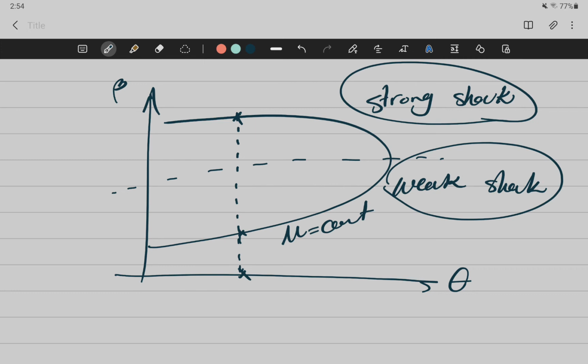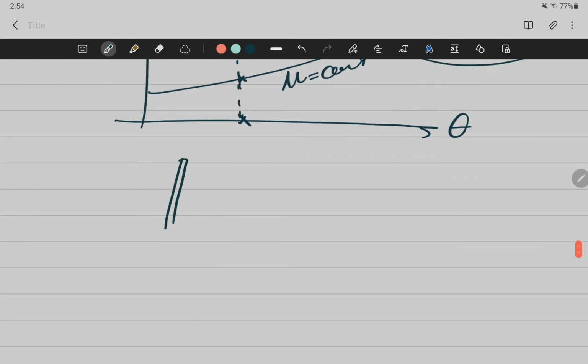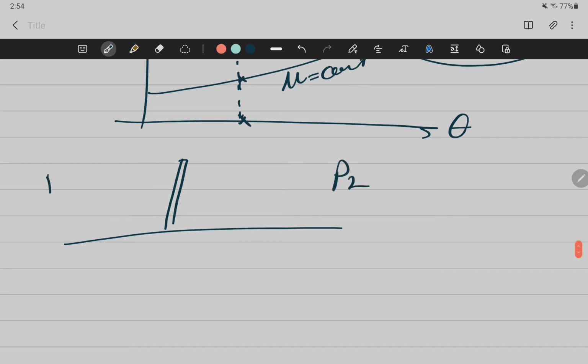But why, or what is the situation, or how can we determine whether we are going to have a weak shock or a strong shock? This actually goes back to your back pressure, right? The pressure after the shock wave. If the pressure after the shock wave is very different or much higher than the pressure before the shock wave, you have to have a very strong oblique shock, right?